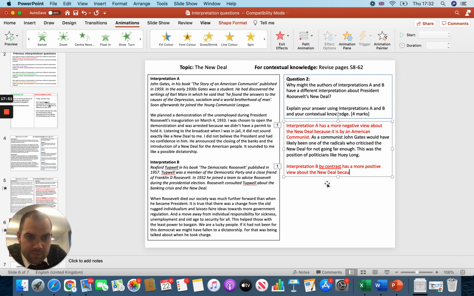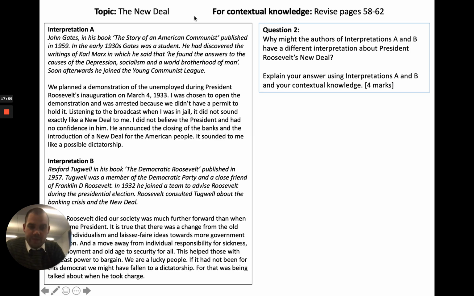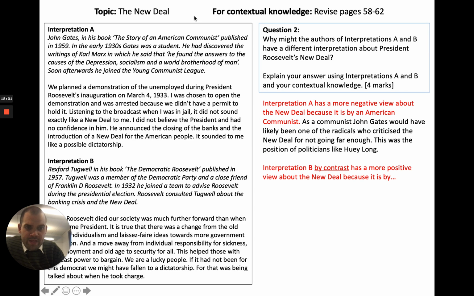Because it is by, and then you want to describe who wrote the interpretation, and then you want to try and make sure that you can explain, okay, so why does that mean that he's got the more positive interpretation that he does?